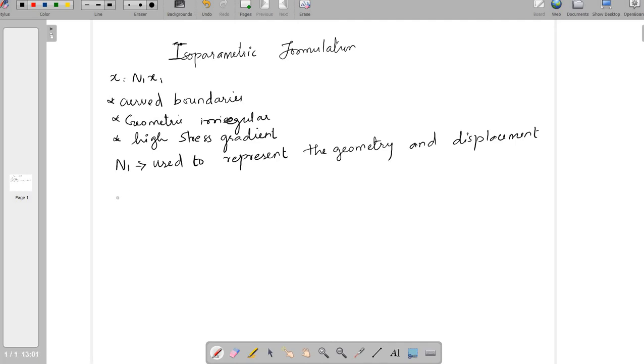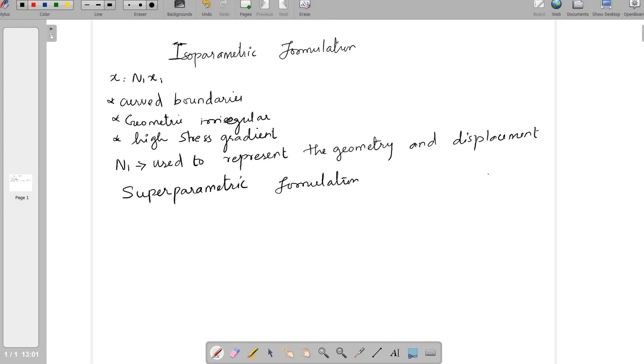We have another formulation like superparametric formulation. So this is about the element in which more number of nodes are used to define the geometry compared to the number of nodes used to define the displacement.